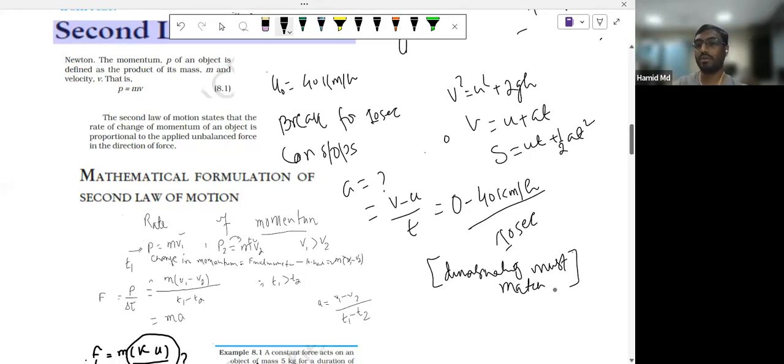Here one is in hours and another is in seconds. So kindly will you change it into seconds? 40 kilometer per hour you have to change into meter per second. Will you do it? Yes, sir.